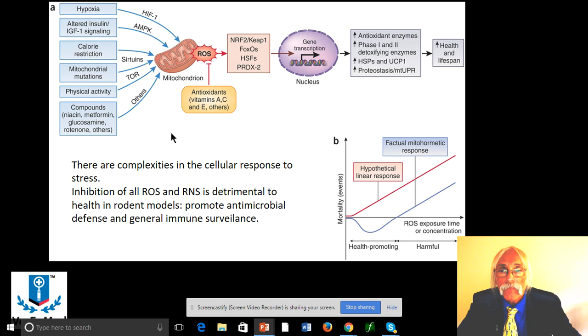Physical activity, just simple physical activity, and also all kinds of compounds that could be in the diet or that are prescribed. All of them can lead to the production of reactive oxygen. And here are some of the ways that are involved in doing it. There's mTOR, targeted rapamycin. There's sirtuins, remember deacetylases. There's AMP kinase. There's the hypoxia-inducible factor. All those can be involved in the production of ROS.